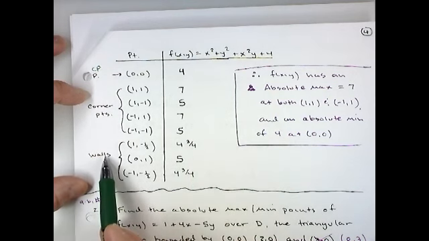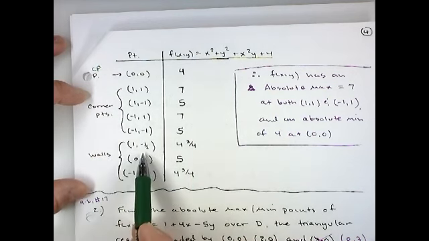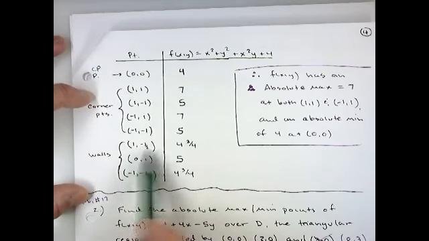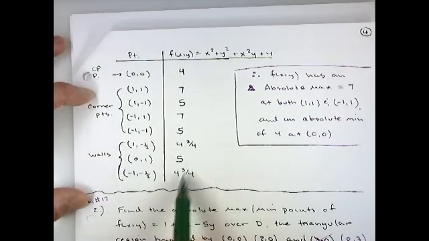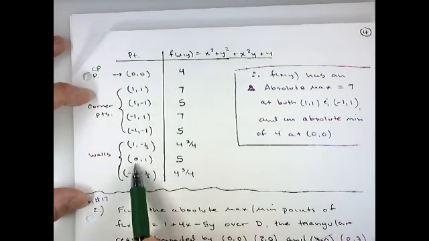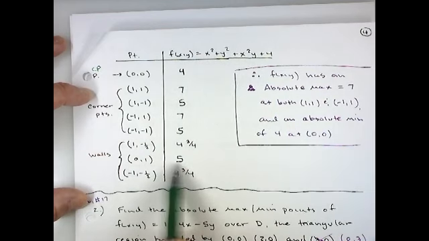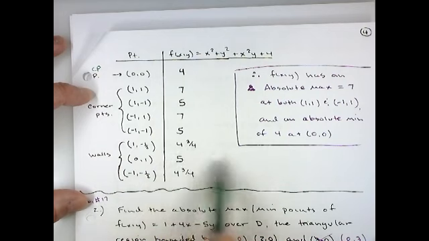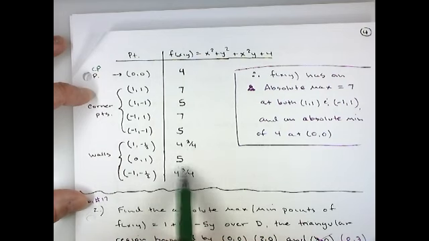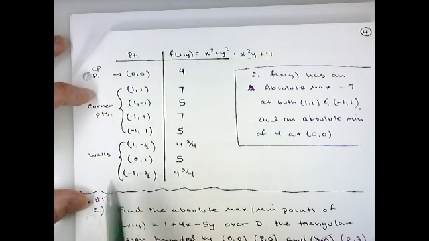Our 4 corner points to our room, our rectangular region, if you plug those in, you get 7, 5, 7, 5. Along our walls, at our critical number of 1, -1/2, you're going to get 4 3/4 if you plug that in here. And if you plug in 0, 1, you get 5. Remember, that was that wall that actually had the vertex at 5, if the parabola's vertex. So it comes out here, if you're wondering.